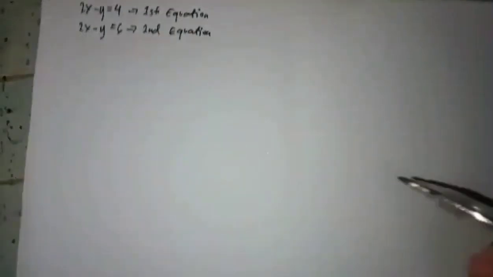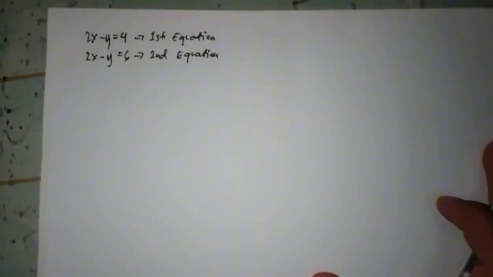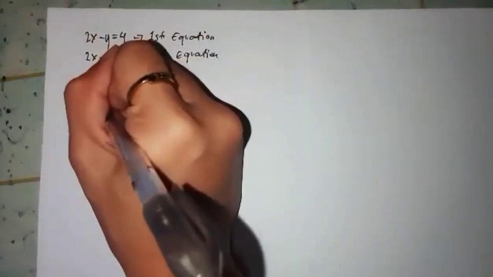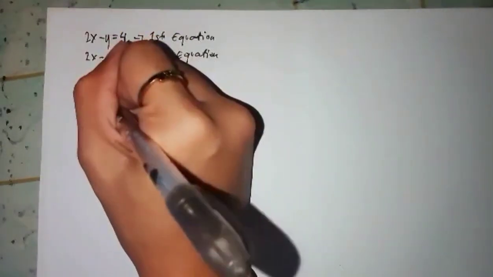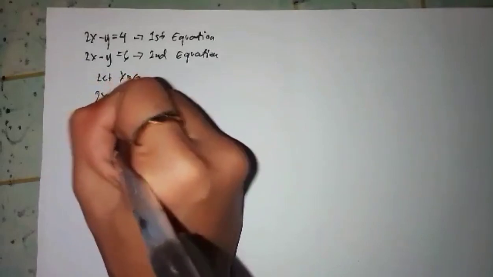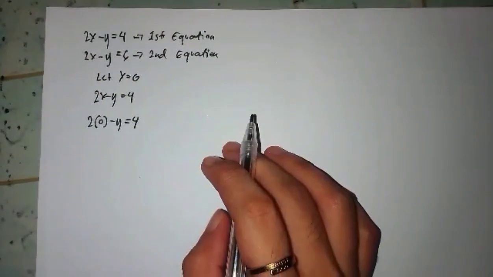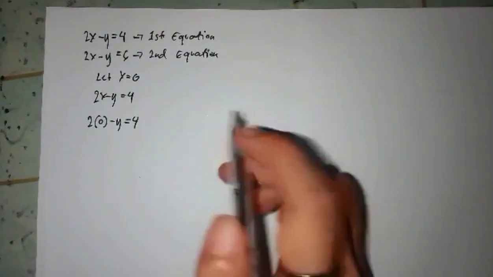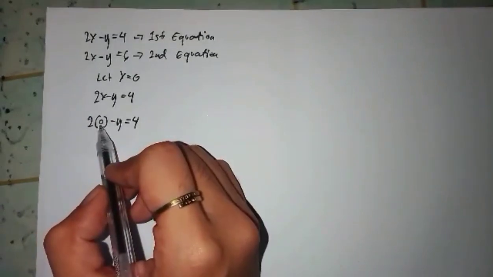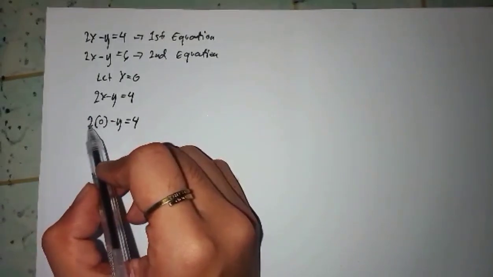In solving the inconsistent equation, let x be 0. So we solve 2x minus y equals 4. Let x be 0, so 2 times 0 is 0.